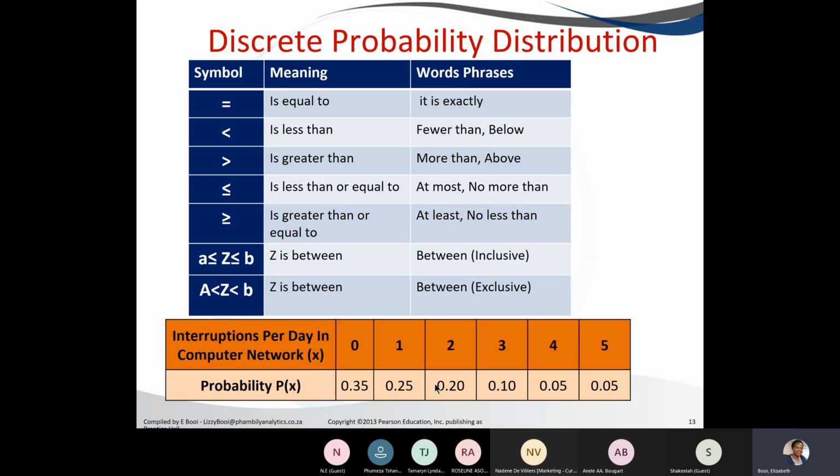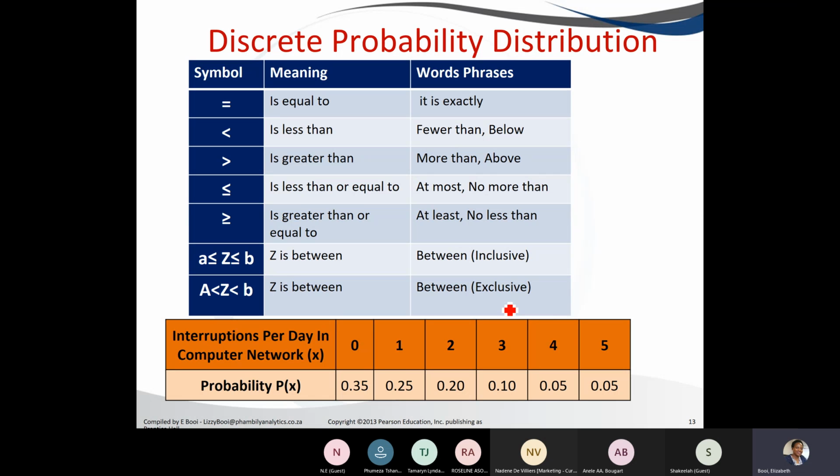So for example, if in the question they say it is exactly or it is equal, it means it is exactly that number. Remember our table, I'm going to use it going forward as well. It has days, interruptions per day, and the corresponding probabilities.